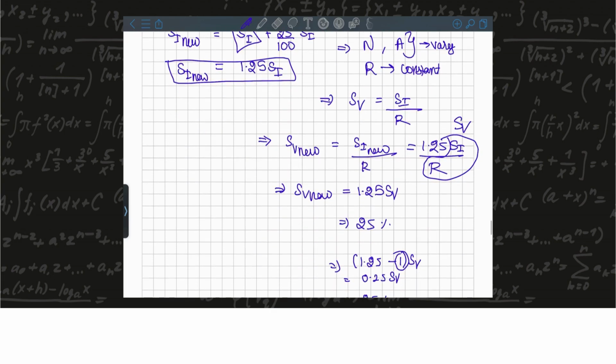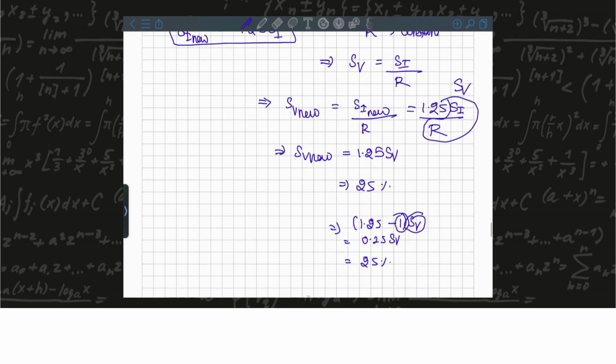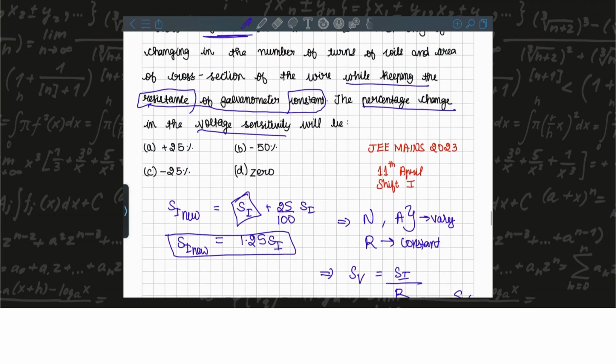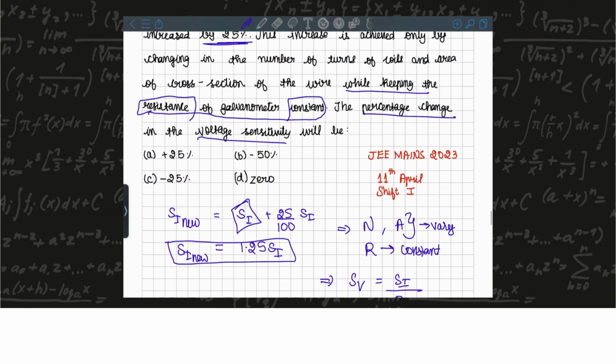So it is going to be 1.25 minus 1 times SV, which is equal to 0.25 SV. Multiplying that by 100 to change that to percentage, we get 25% as the change in the voltage sensitivity. So the answer for this one is option A, plus 25%.